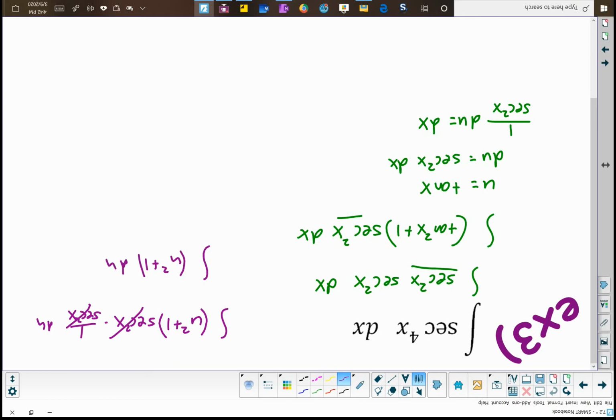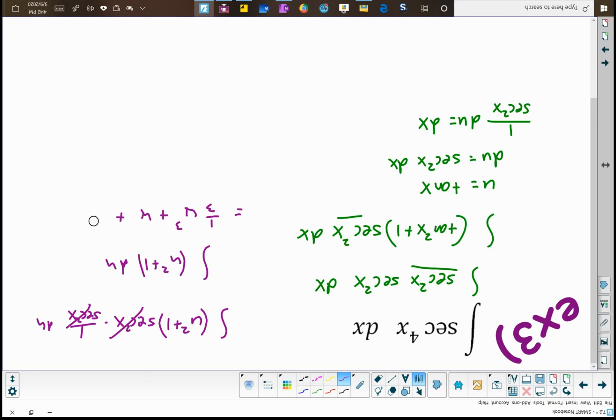Antiderivative, 1/3 u cubed plus u, right? The antiderivative of 1 is u because we are in u, plus c.